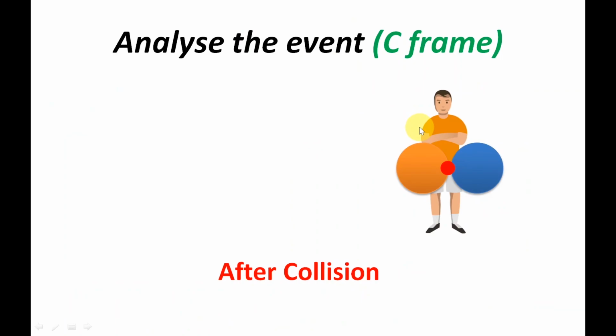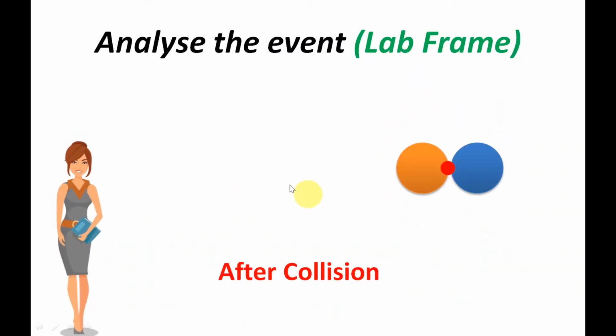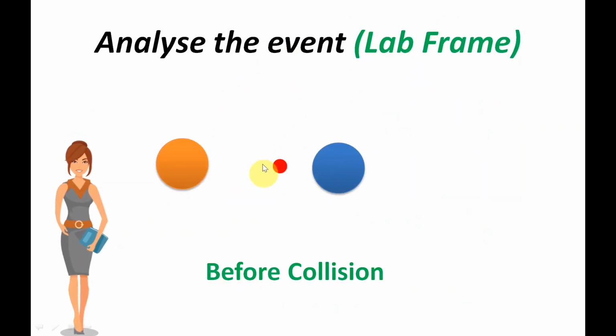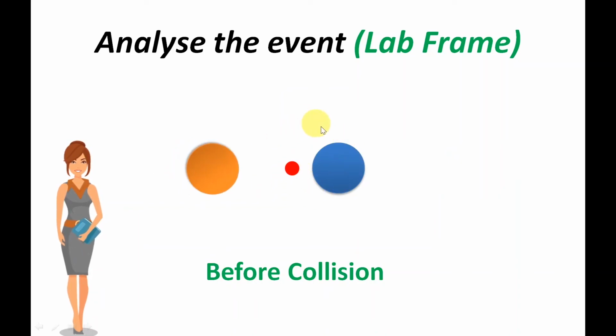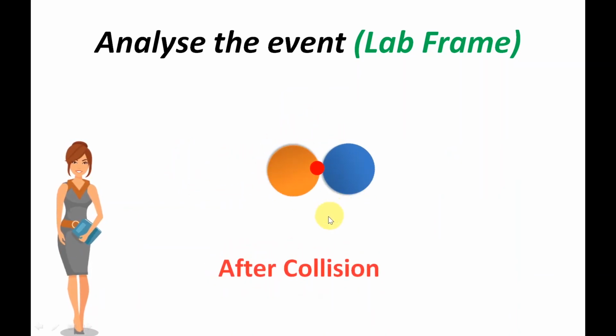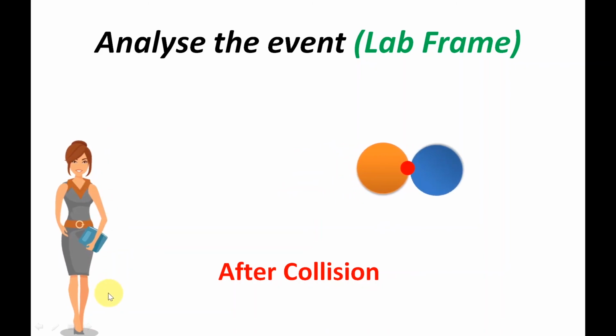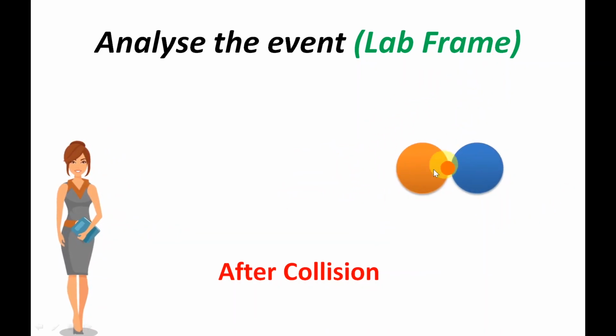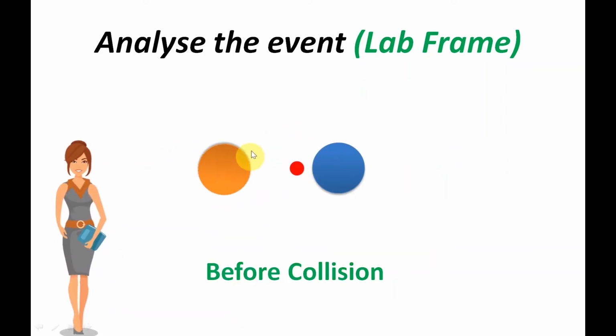But this was not the case for the laboratory frame observer. However the two particles move, this lady is only going to stand in a particular position and observe the whole event. The position of the lab frame of reference is independent of the motion of the two particles.